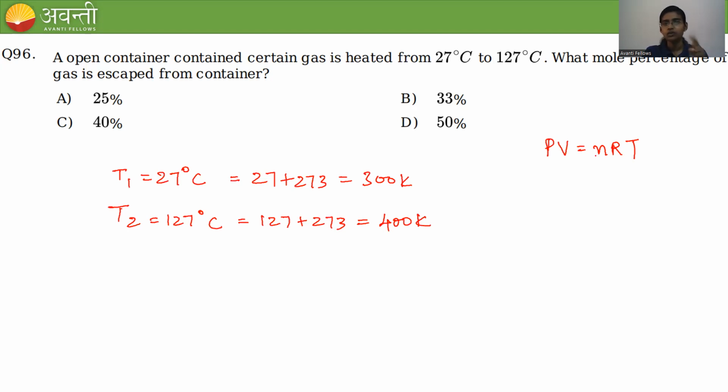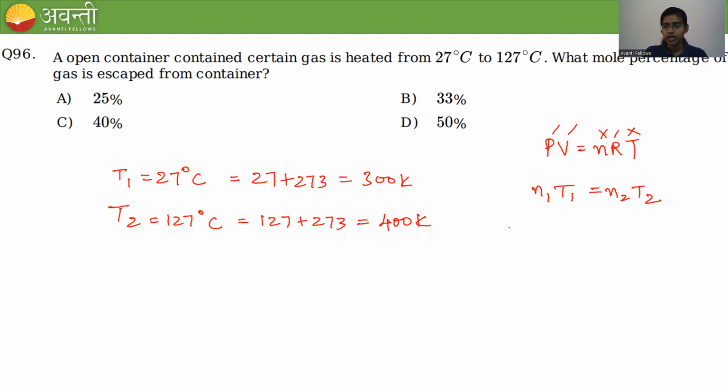But we have two different systems. So we have N1, T1 for the first system and N2, T2 for the next system. So pressure is constant, volume is constant, R is a constant value and T is the variable for both the systems. So N1 T1 is equal to N2 T2 we can say.